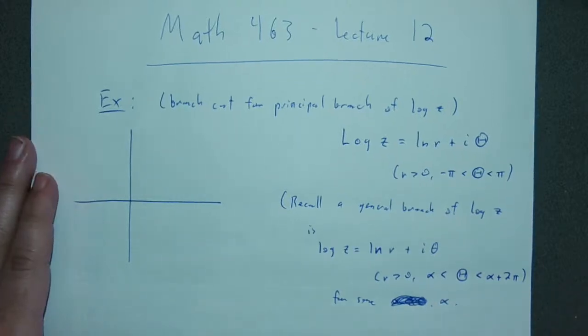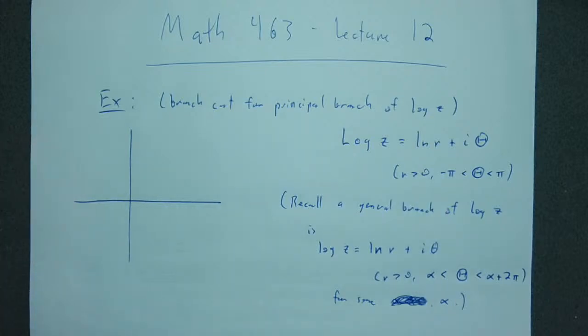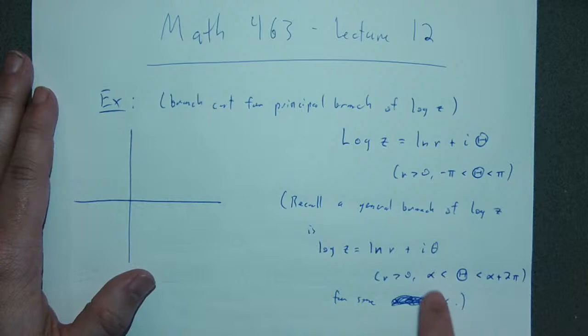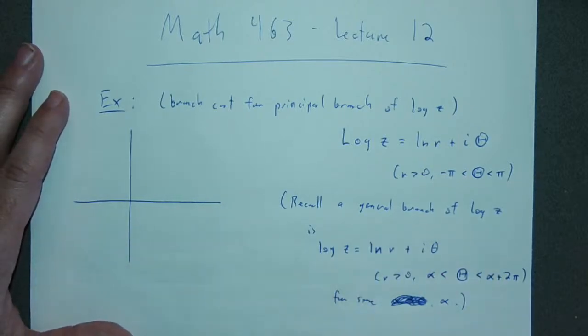Then choosing alpha to be minus pi gives us exactly the principal branch. In general, if I'm defining a branch of log z, I have this ray determined by theta equal to alpha.